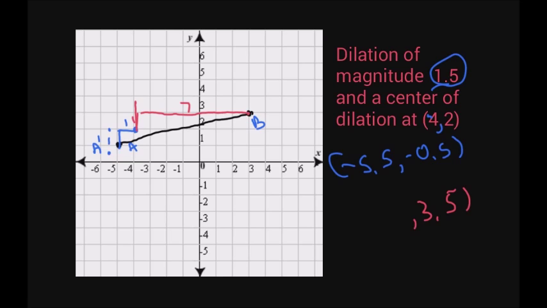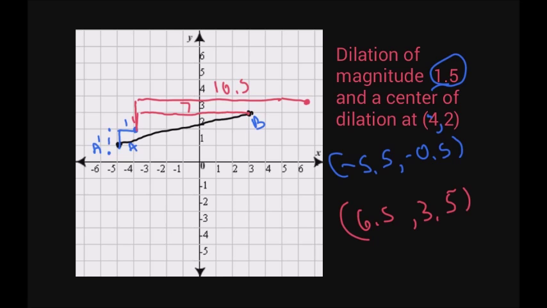Then I'm going to do 7 times 1.5, which would give me 10.5. So this line here has to be 10.5. I got 4 units there, so I got to go 6.5 more. So right there, that would be at 6.5.